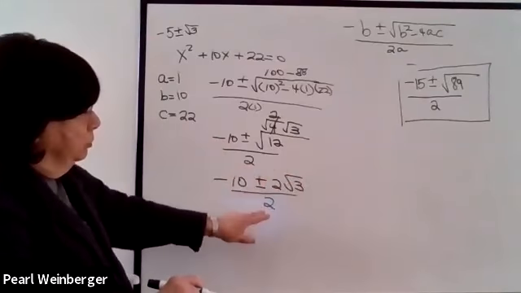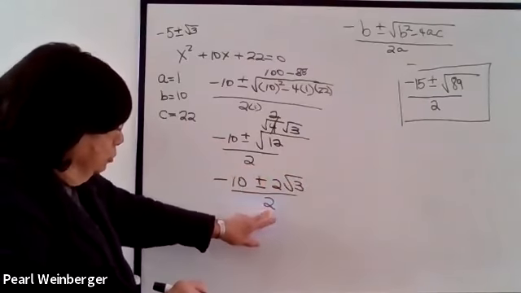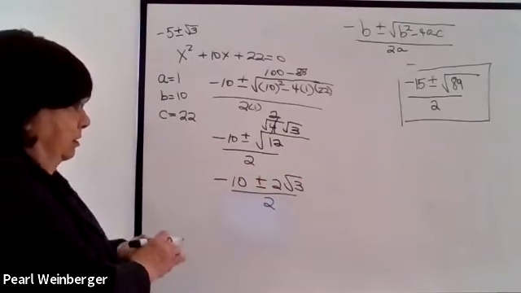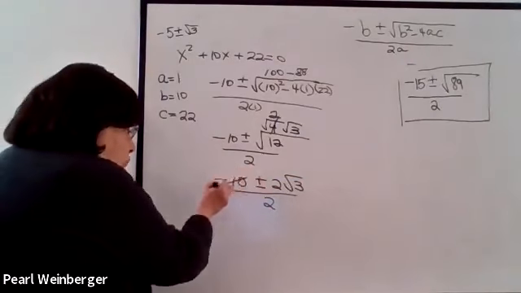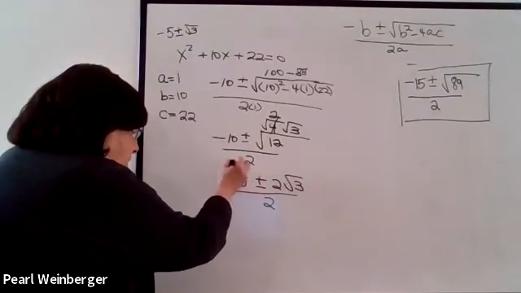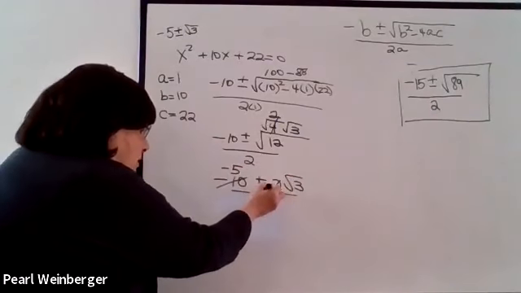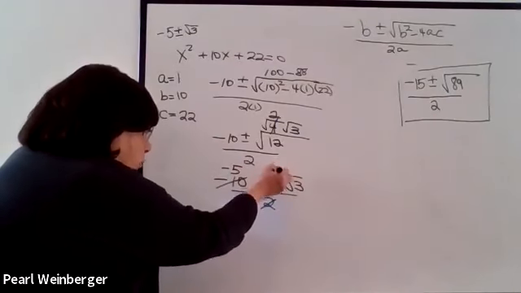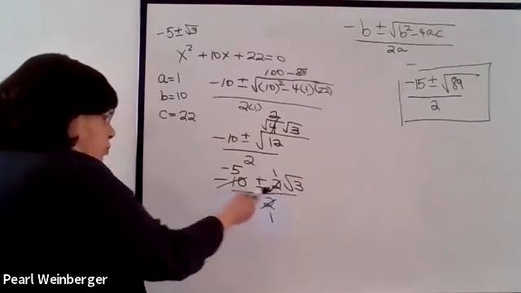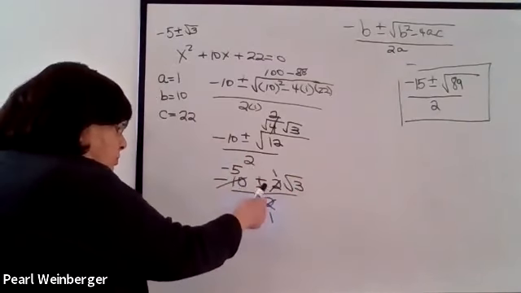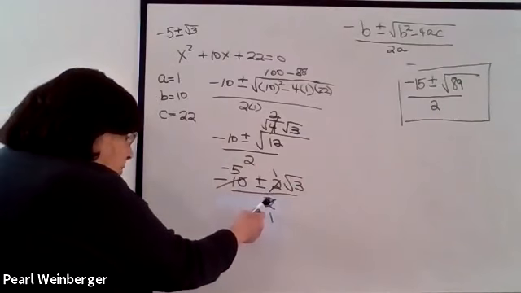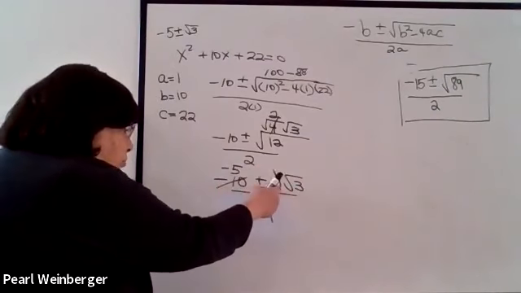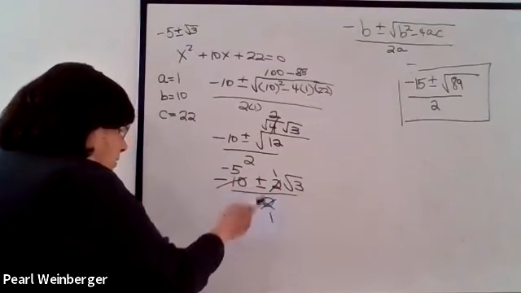This is a binomial, so you have to divide the 2 into the -10, which will give you -5, and the 2 into the 2 over here, which will give you 1. In other words, if you want to reduce it, you have to divide that number in the bottom into both of the terms on the top.